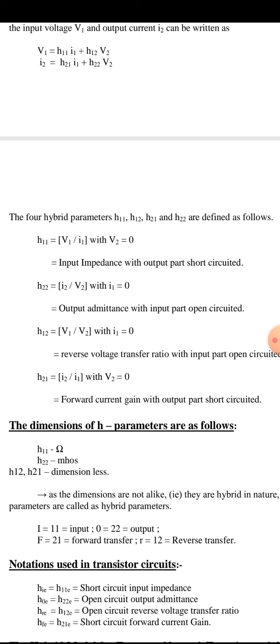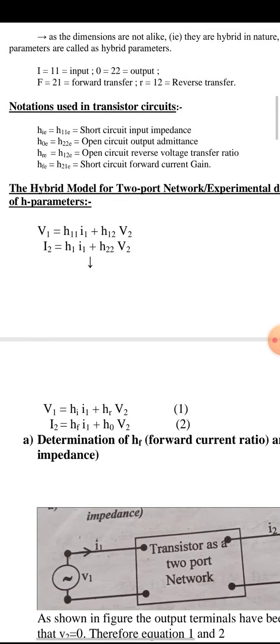So 2 upon 1 shows output upon input, because 1 is the input side and 2 shows the output side, and 12 shows the reverse ratio.